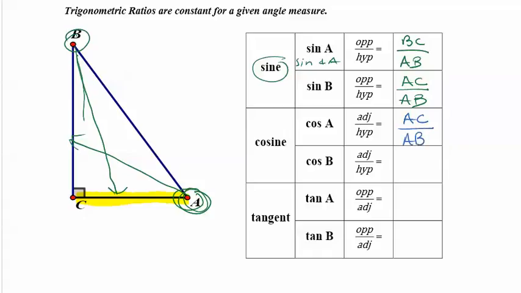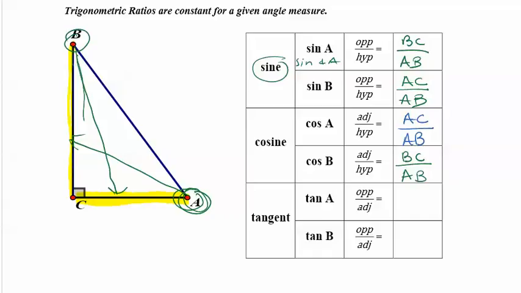Now let's look at the cosine of angle B. Can you guess which leg will be the adjacent side to angle B? Hopefully you guessed that side BC is adjacent to angle B. So we write our ratio as BC, and we compare it to the hypotenuse again, which is still AB because we're talking about the same triangle.